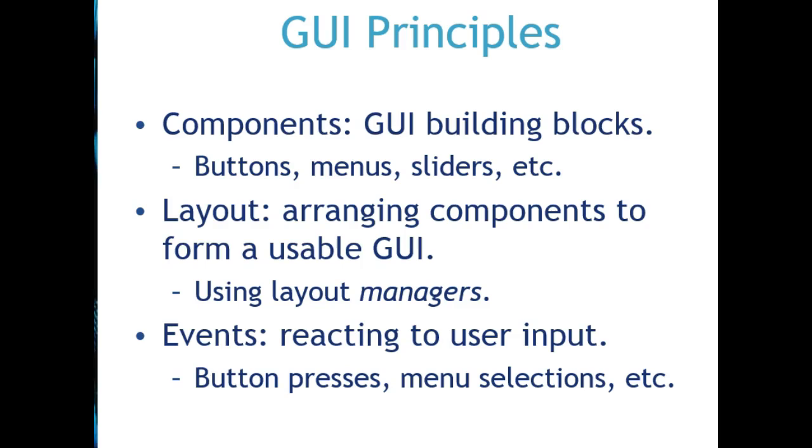Once we understand some of those principles, we are able to create good looking layouts and good looking components by working with the standard library documentation. Some of the principles that we need to understand are what kind of elements can be shown on our screen, how we arrange the elements, which is the layout, and how we react to the user input.